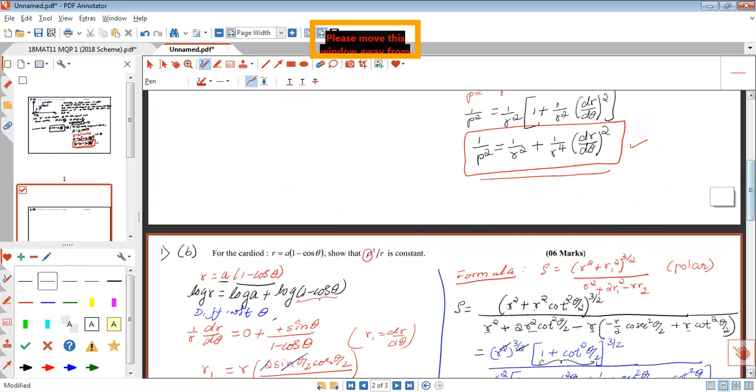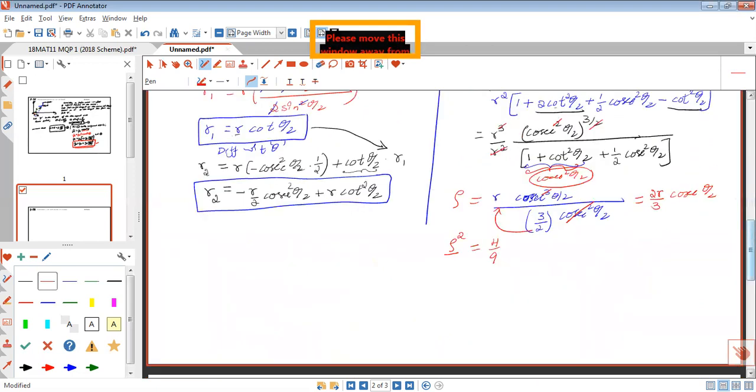So squaring on both sides, 4 divided by 9 r square, take r square cosecant square theta by 2. Now take this as equation number 1.